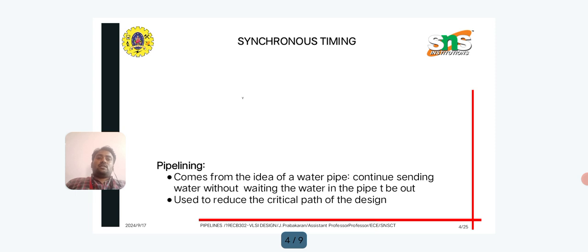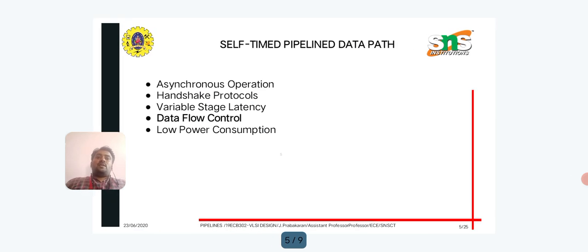Pipelining comes from the idea of a water pipe: continuously sending water without waiting for the water in the pipe to be out. It is used to reduce the critical path of the design. It is called pipelining.